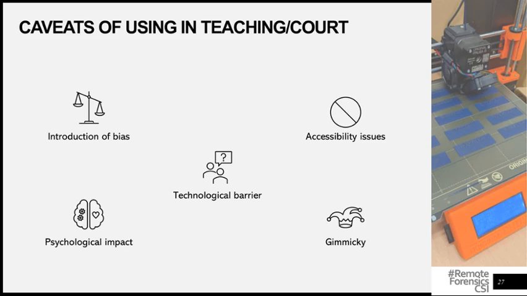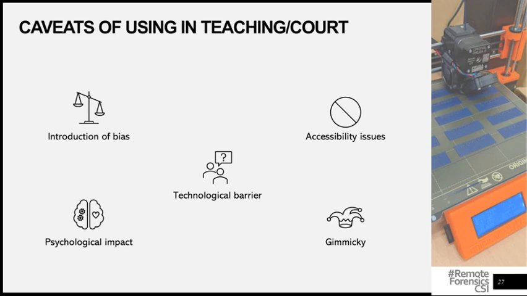We need to be careful of the introduction of bias. Of course, by presenting 3D evidence, you are making it more impactful, therefore it's more emotive. And so are you going to be introducing some bias there?